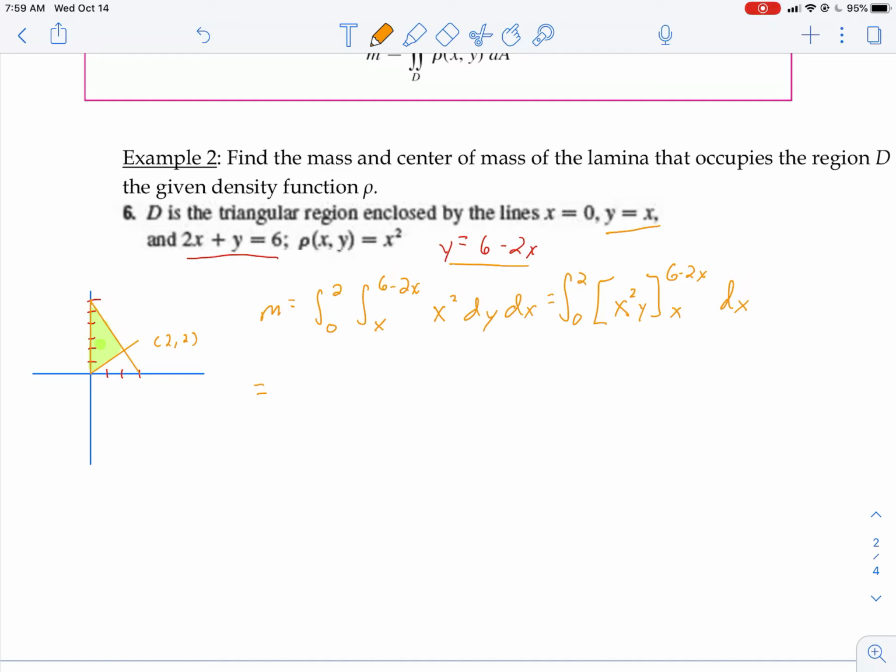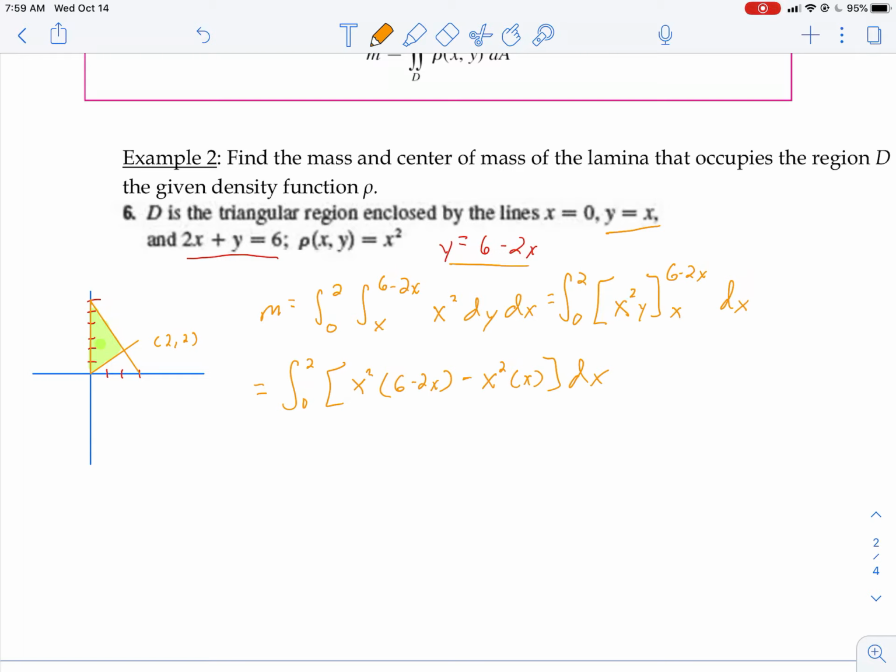All right, so now I'm going to substitute in for y 6 minus 2x. So I get x squared times 6 minus 2x, minus, and then I have my x squared again, and then I plug in x for y, dx.